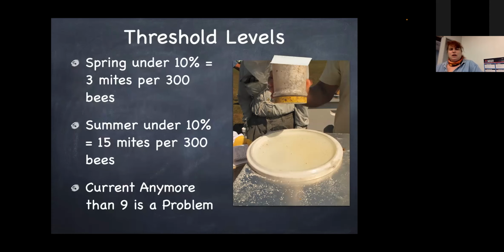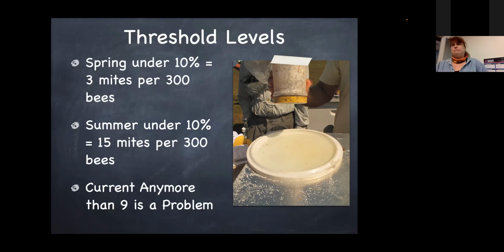In the summertime, you could go a little higher because the bee population is higher, but anytime you can shake more than 9 mites off your 300 bees, you have got to do something right then. That's crossing the threshold. So 10% is what we're hoping for, staying at or under 10% mites per bees.